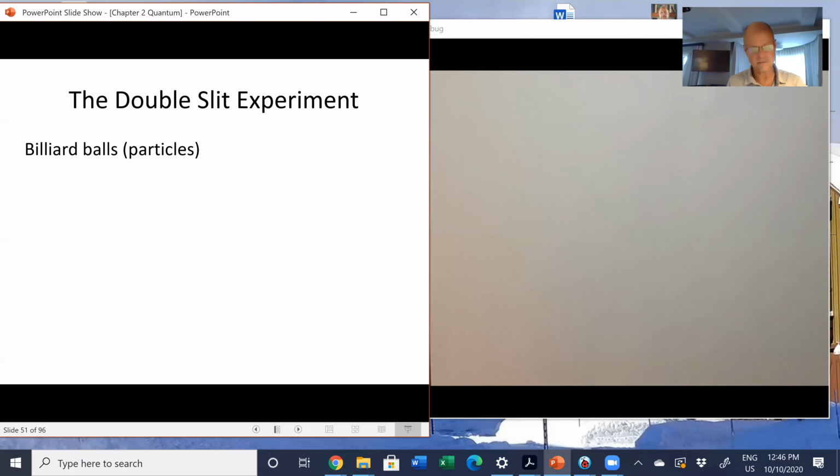The double slit experiment shows us how these particles behave, and it's absolutely impossible to explain with classical mechanics. If you can understand the heart of this experiment, you can understand the heart of quantum mechanics. I want to explain it to you without any math, just conceptually, so we can get the idea of what's going on in the quantum world.